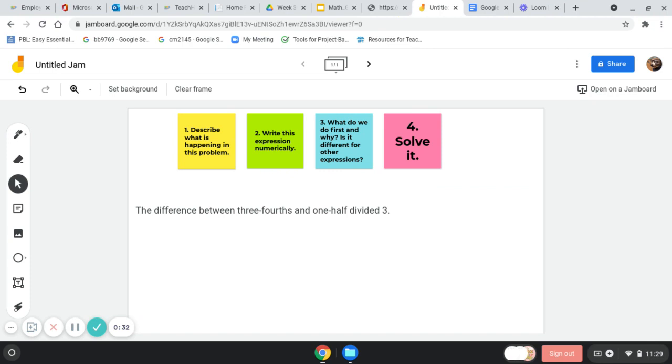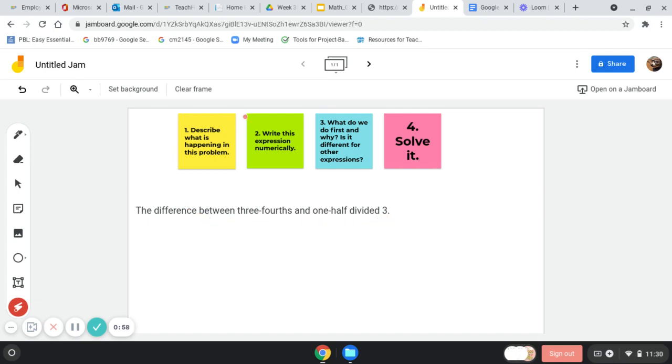So we are going to look at this very short problem right here, and we are going to answer 4 questions based off of it. What we're working with is the difference between 3/4 and 1/2 divided by 3.